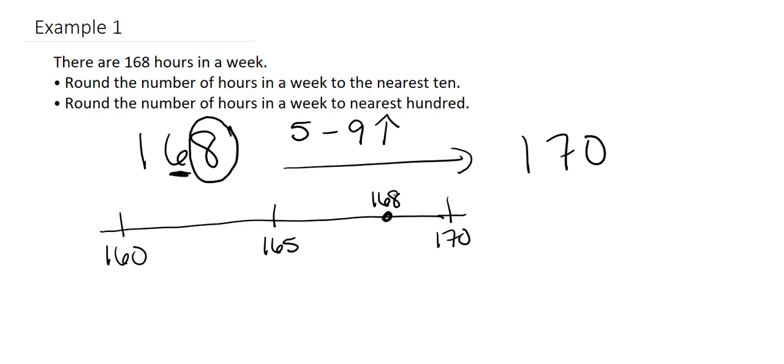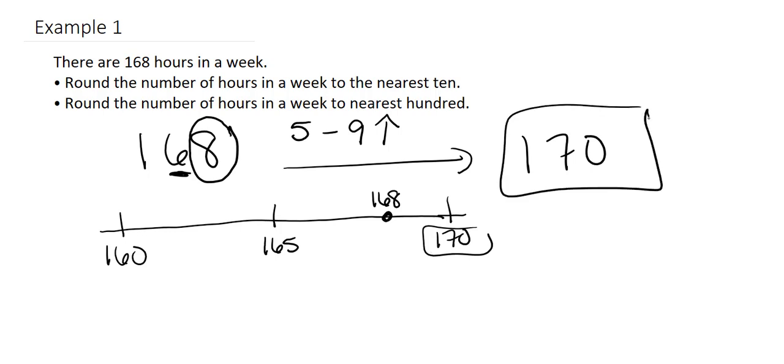Between 5 through 9, we have to round up by adding a whole 1 to the 6, so it's 170. Visually, 168 is much closer to 170 than it is to 160. So our nearest ten is 170.